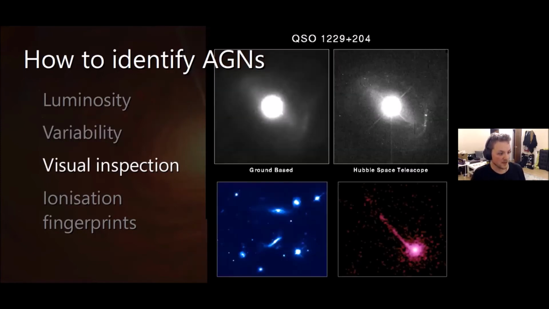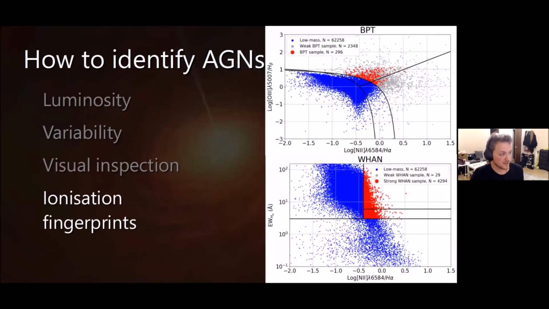Another way is just visual inspection. Usually if you see jets of some sort, it's a good bet that there is an AGN, that there has been a supermassive black hole that ejected all this material. And then finally, of course, you also have the ionization fingerprints. So basically different spectral lines. This is from my work. These are two optical diagnostics, the BPT and the Venn diagram. What they both use on the x-axis is the nitrogen 2 over H alpha emission ratio.